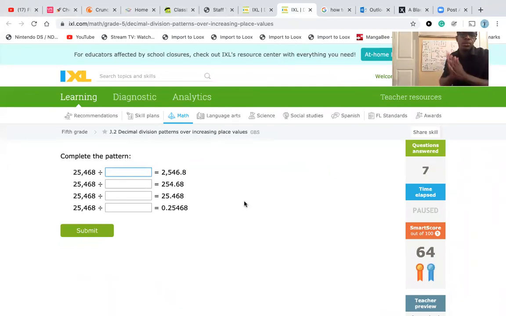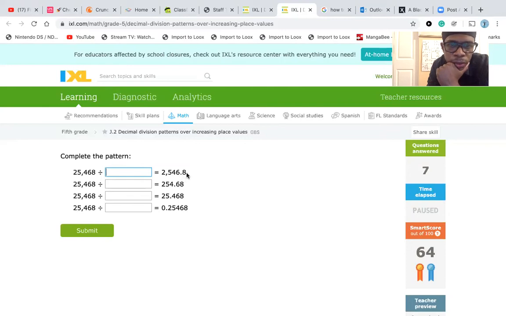Okay, so we have 25,468 divided by something that gave us an answer of 2,546 and 8 cents. So let's go here. So if this were, let's say this was money, 25,468. So the decimal point would be right here. And we divided it by something and it moved from right here to right here.